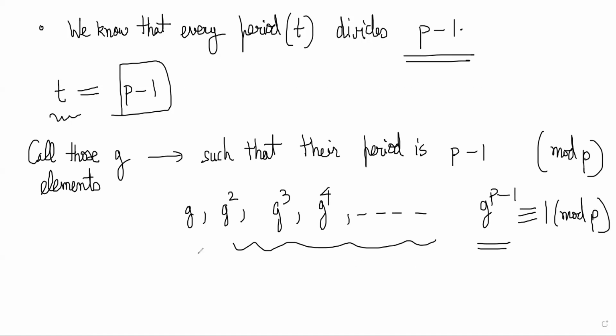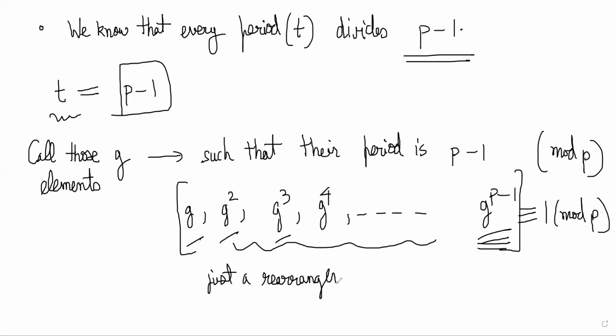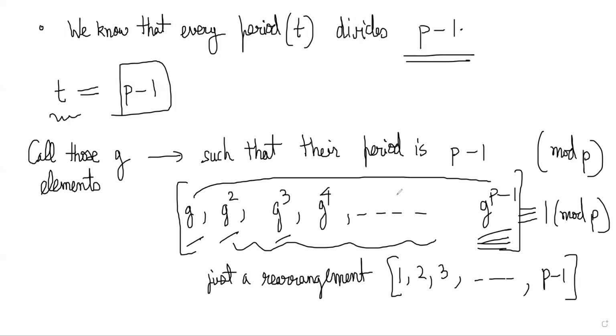So for such an element, this set of powers, g, g square, g cube till g power p minus 1, is just a rearrangement of all the residues 1, 2, 3 till p minus 1. Because none of these p minus 1 powers is going to give 1 mod p, each of them is different from each other.